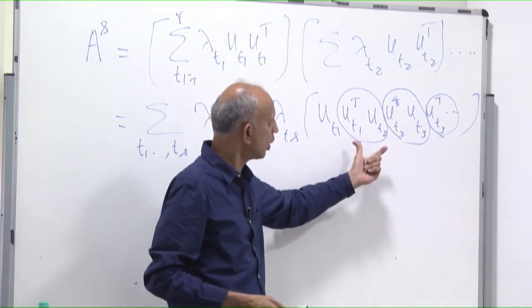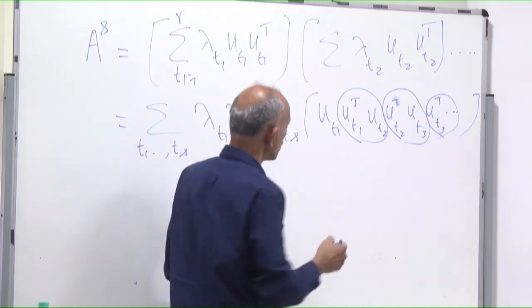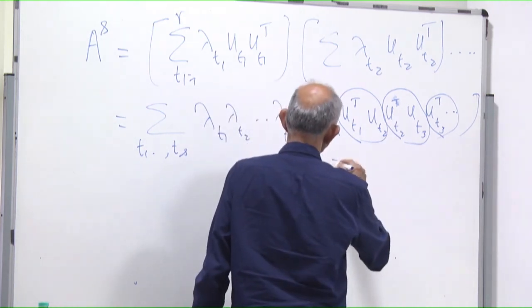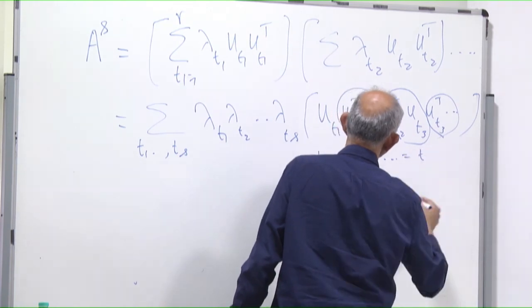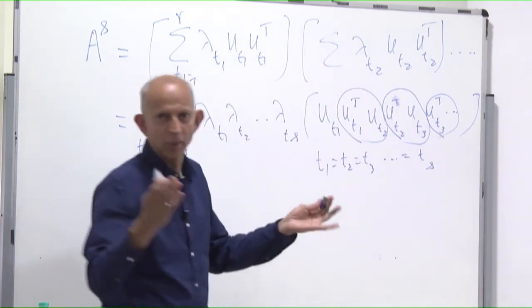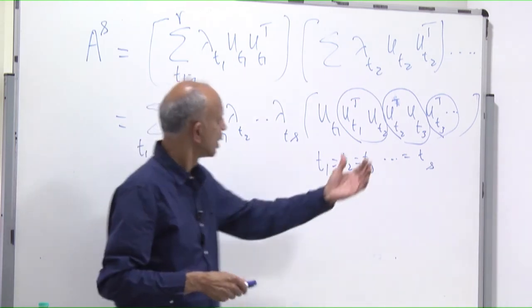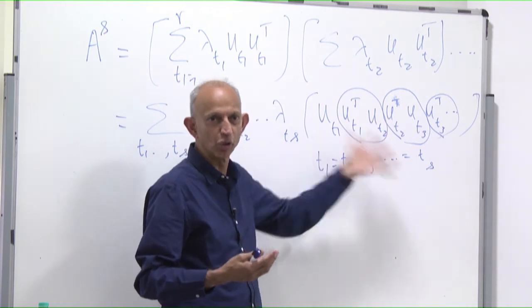So they commute, they come out, and so on and so forth. But they're all zero. I mean, sorry, if one of them is zero, everything is zero. So you better have t1 equals t2 equals t3 equals ts. Otherwise, if even one pair differs, the dot product is zero, so the whole thing is zero.